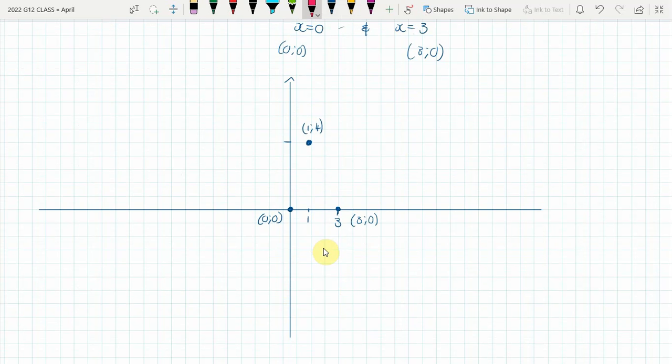Yes, concave down to concave up. I was going to say from the bottom going up. And then this point, remember, is also the turning point. So f will look kind of like that.